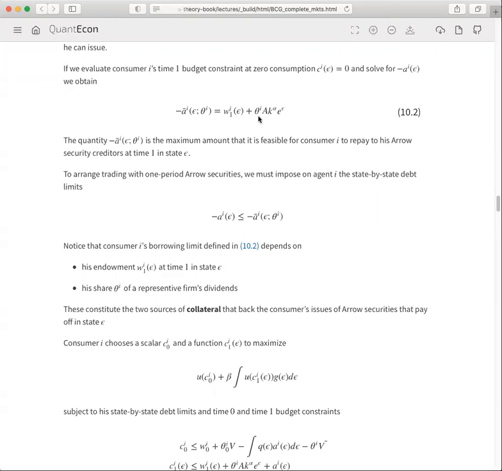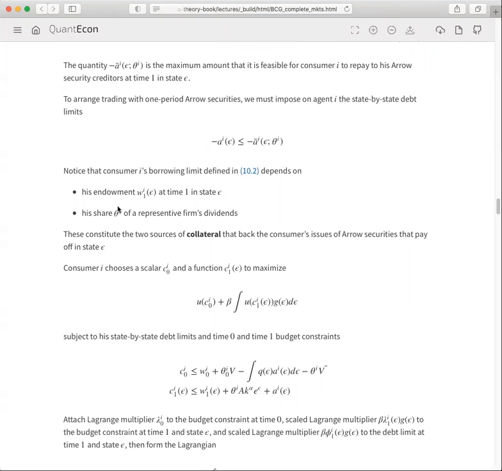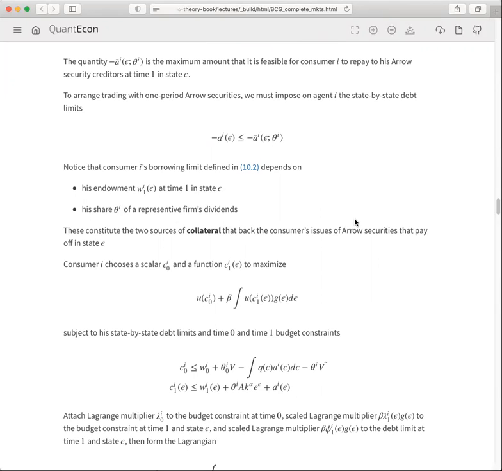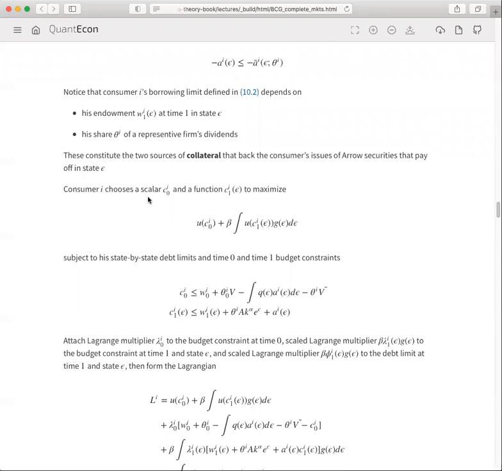The consumer chooses theta I. So these things, his endowment and his shares of firms, are his collateral. You could think of those as collateral for the Arrow securities. Okay, so now we can pose the consumer's problem. He wants to maximize this, subject to a time 0 budget constraint and a time 1 budget constraint. This is what this looks like.